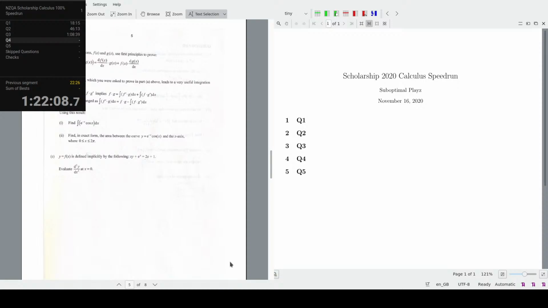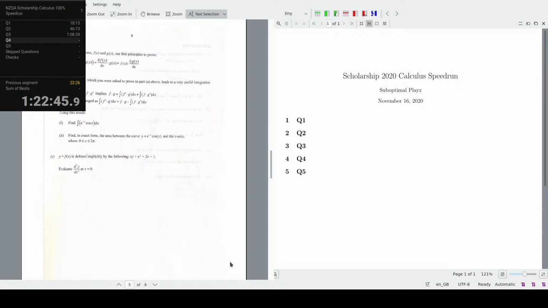Alright, pro stuff. Find in exact form the area between the curve. Okay, so we have the integral, and we want it between 0 and 2 pi, so that should be relatively easy. Sin x plus cos x on 2, just evaluate that between 0 and 2 pi.